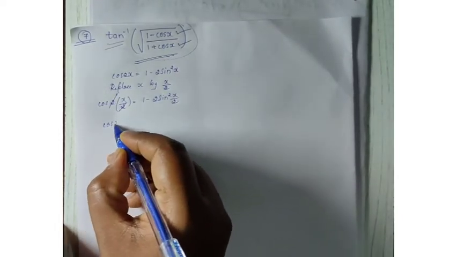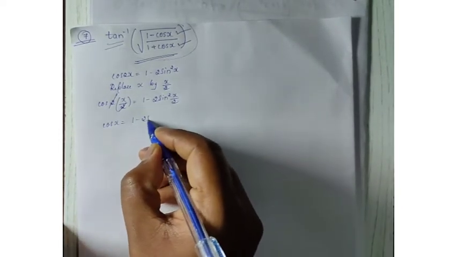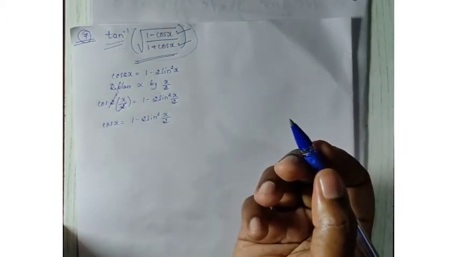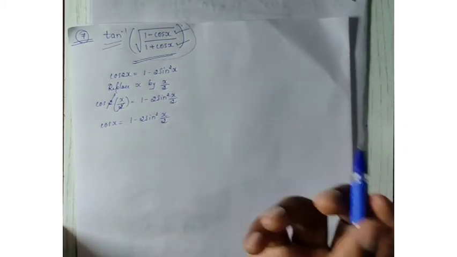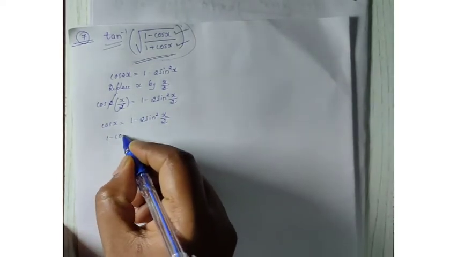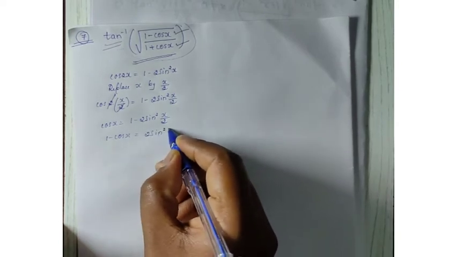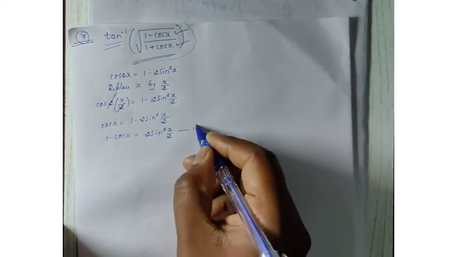Therefore, cos x is equal to 1 minus 2 sine square x by 2. Right? Now just shift the terms, so you'll get 1 minus cos x is equal to 2 sine square x by 2. Consider it as equation number 1.